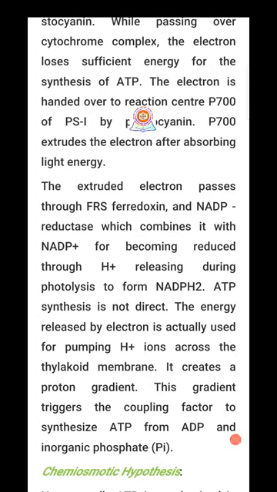ATP is not synthesized here; instead of ATP, NADPH2 is formed.